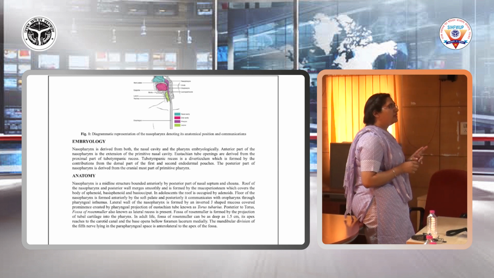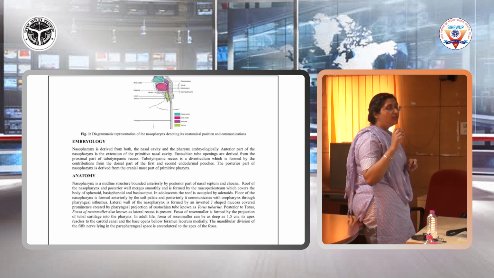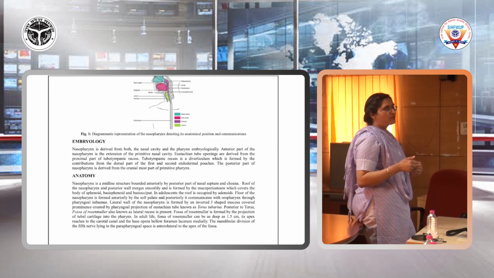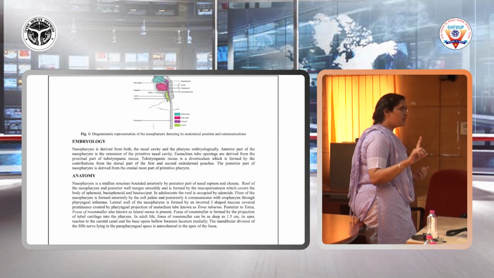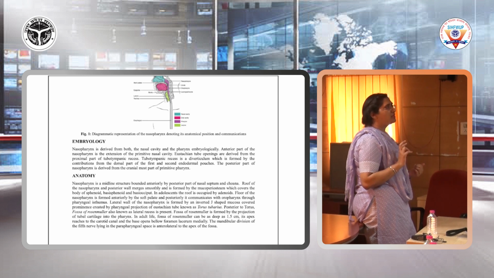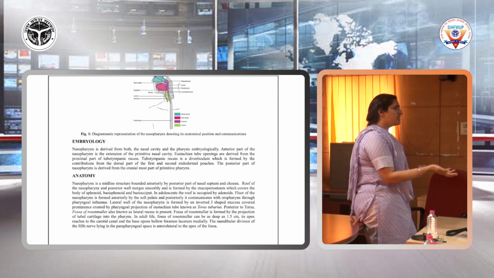The tubotympanic recess is formed from the first and second pharyngeal pouch. The anterior or foremost part of the tubotympanic recess forms the eustachian tube, and the eustachian tube forms the lateral part of the nasopharynx. So we say it is derived from that also. The second concept is that it is derived from the primitive nasal cavity.